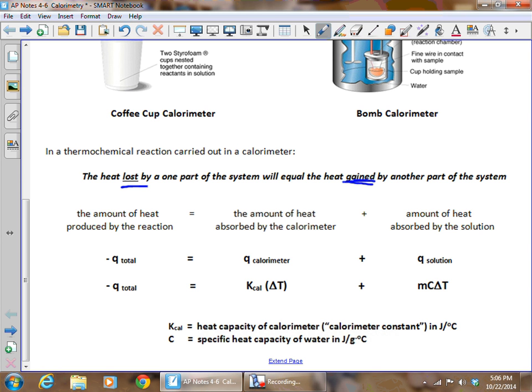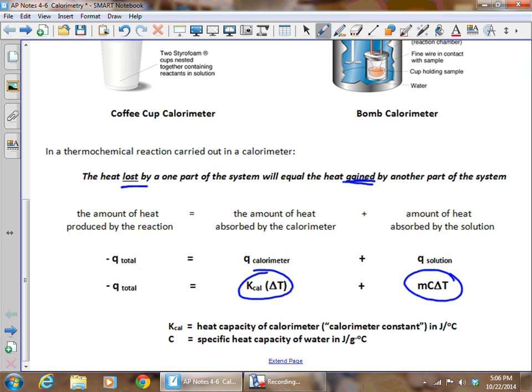So the amount of heat given off by the reaction is the amount of heat absorbed by the calorimeter itself, plus the amount of heat absorbed by the solution. So MCAT defines the heat absorbed by the solution. Sometimes I refer to it as kitty cat for the heat absorbed by the calorimeter.